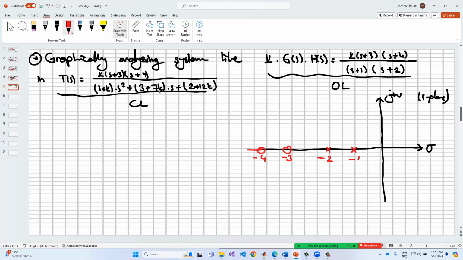Just remember that if we want to assign any closed loop transfer function, this is the characteristic equation. For example, if we design a system with roots at minus 2 plus j3, this represents the zeta, omega n, and omega d values given in here.